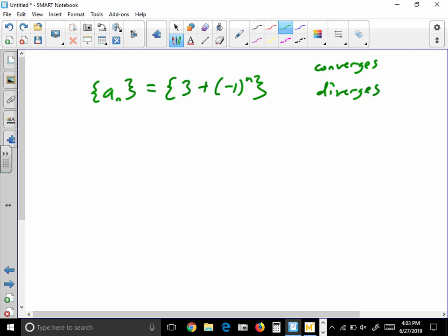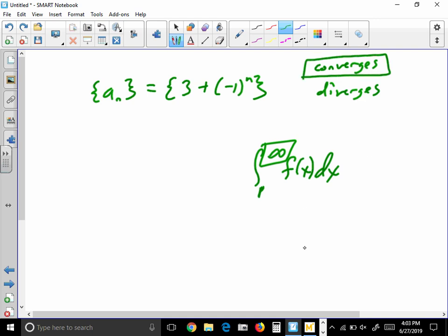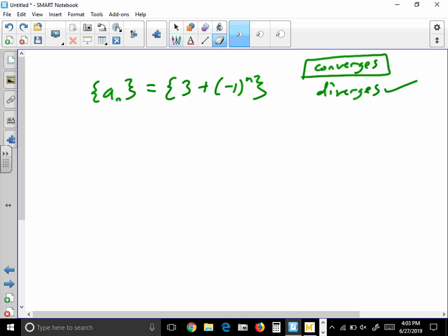For those improper integrals, as we got closer and closer to infinity, if we were approaching a specific value, then we said it converges. But if we either go to infinity or if we don't go to a specific value, then we say it diverges. So the same thing is going to be true of sequences. So let's look at the terms of this sequence.